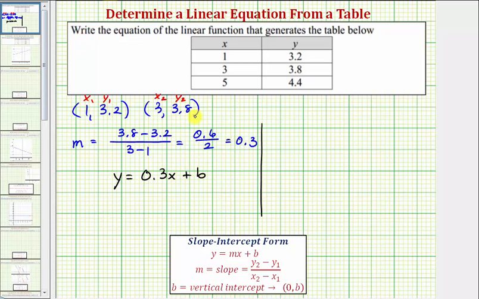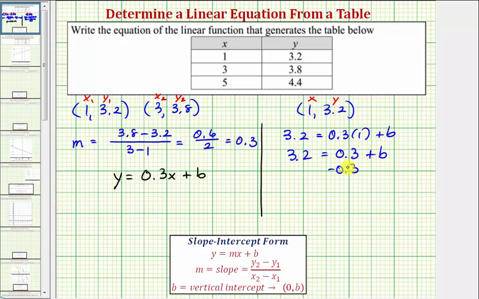Let's go ahead and use this first ordered pair, (1, 3.2), and we'll substitute 1 for x and 3.2 for y in our equation. So we would have 3.2 equals 0.3 times 1 plus b. Simplifying, we have 3.2 equals 0.3 plus b.